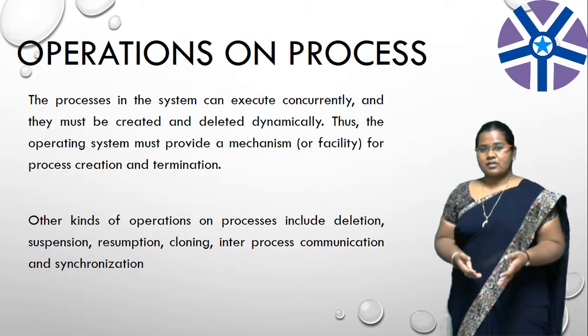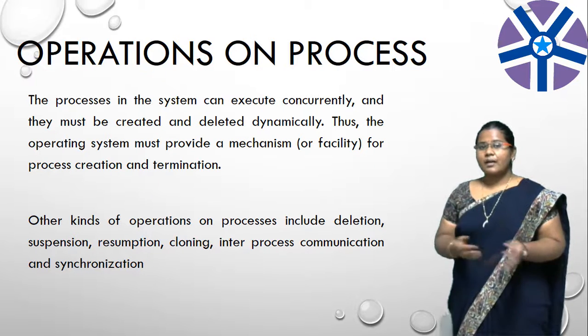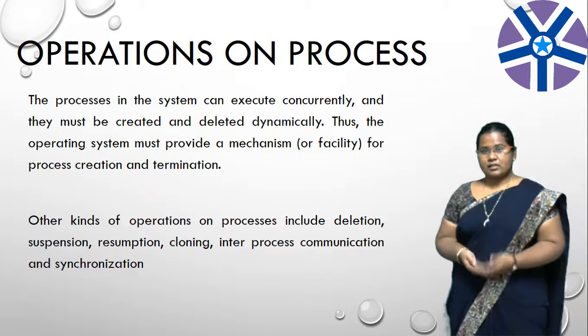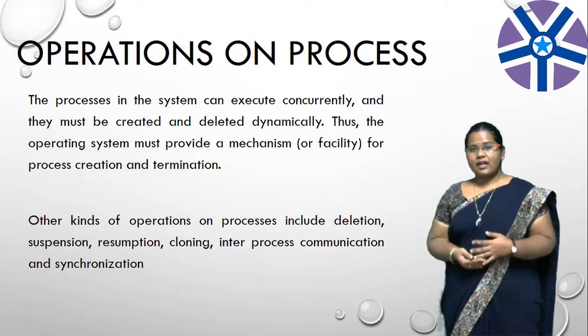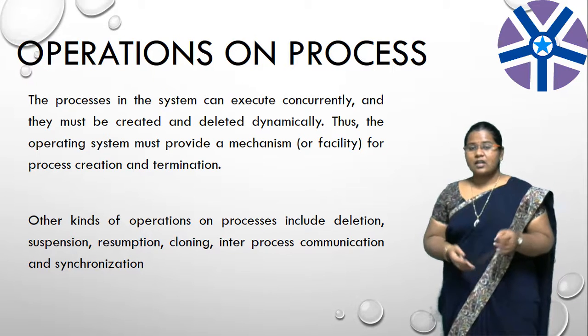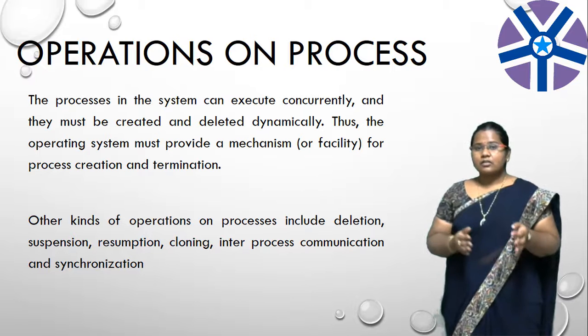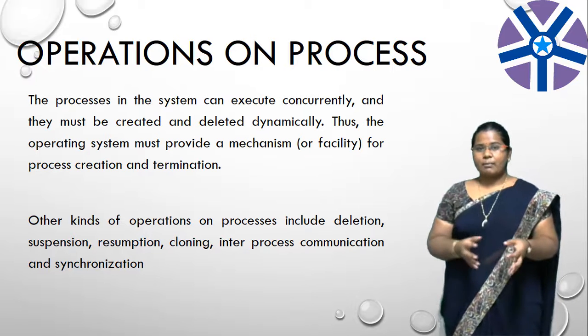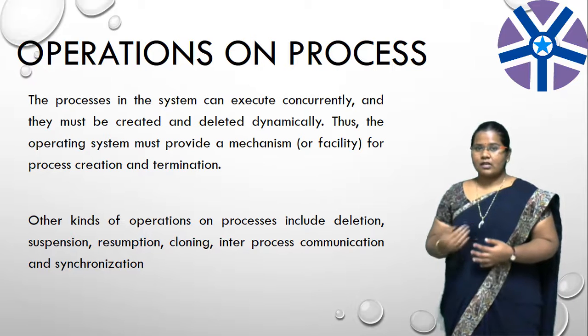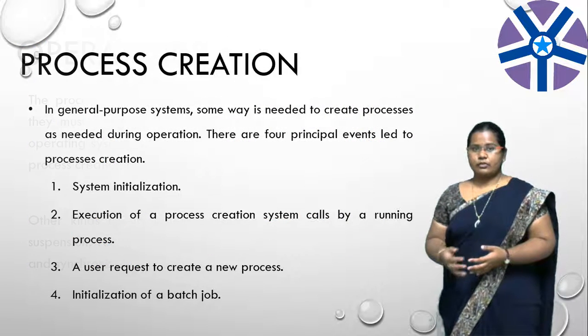Inter-process communication, that is providing communication between two processes being executed in your CPU. And the last operation is synchronization, which means allowing a process to wait for another process to complete its execution. We will see all these topics in the next videos.